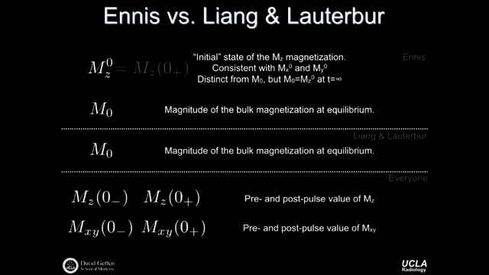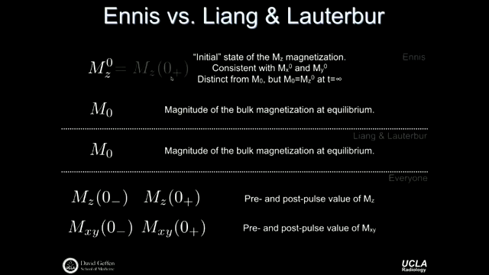When it comes to the nomenclature that I'm using and the nomenclature that Lauterbur and Liang are using, there's some difference, but I think it's useful when we talk about the problems that we'll be working on. I try to be very consistent in the class, and I apologize if there's a small difference from the book. I talk about the MZ0 magnetization. Lauterbur really calls that MZ, there should be the 0 minus magnetization.